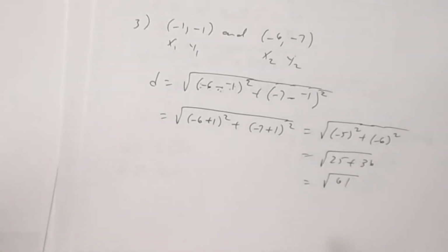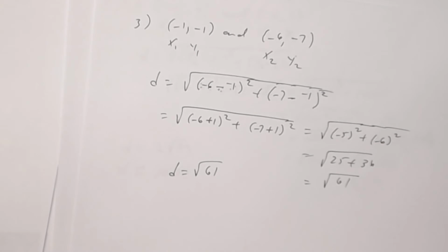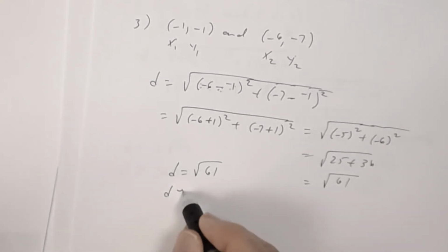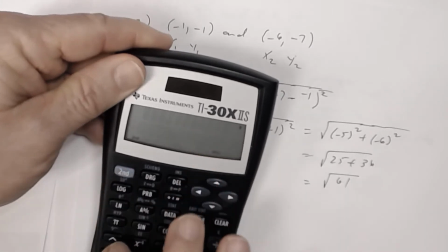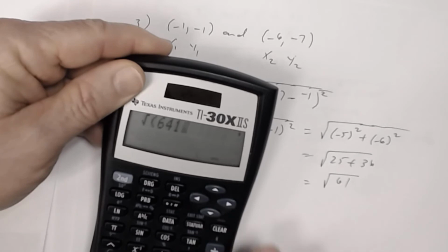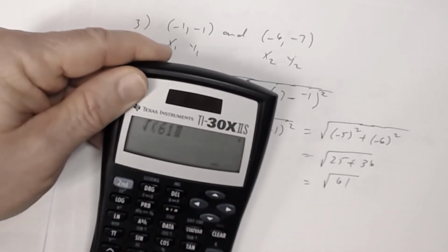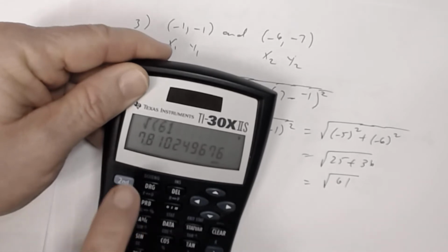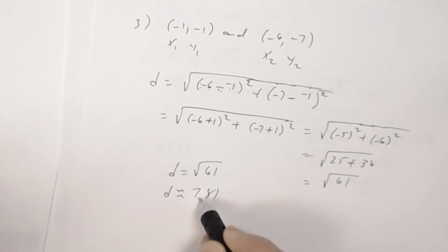Okay, and the square root is 61. Now, 61 is a prime number, so you're done. So the distance is the square root of 61. Now let's go ahead and approximate this. So that's going to be approximately equal to, so the square root of 61, okay, let me do it over, square root 61 equal 7.81, so that's approximately equal to 7.81, okay?